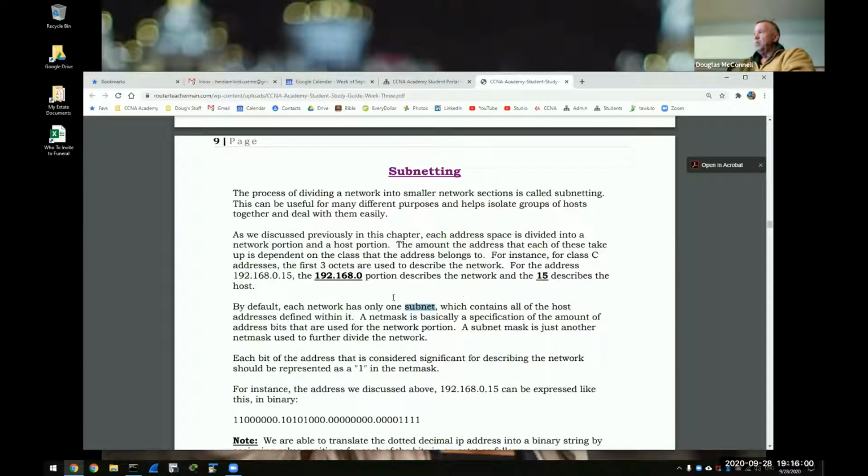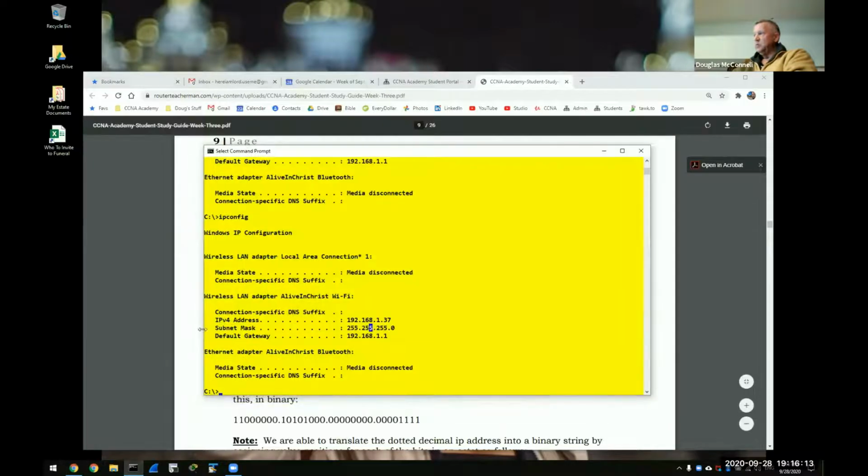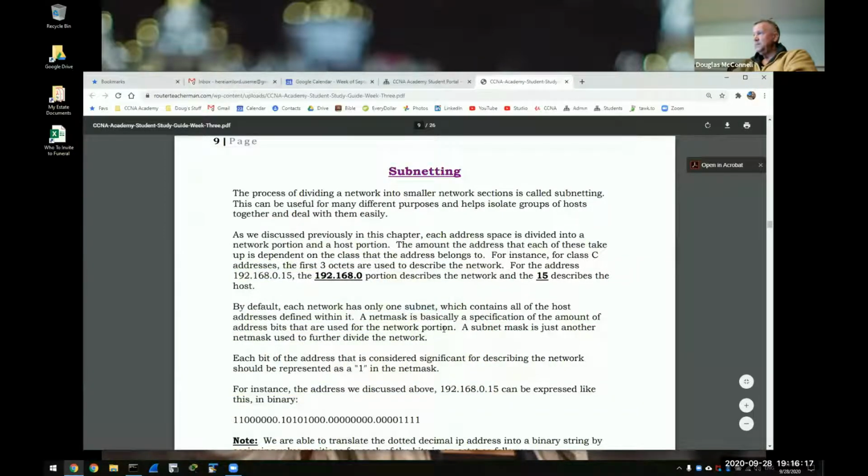Within that subnet or network are all the host addresses that are defined by it. So when we talk about this number right here, the subnet mask, it defines what the host addresses are going to be.